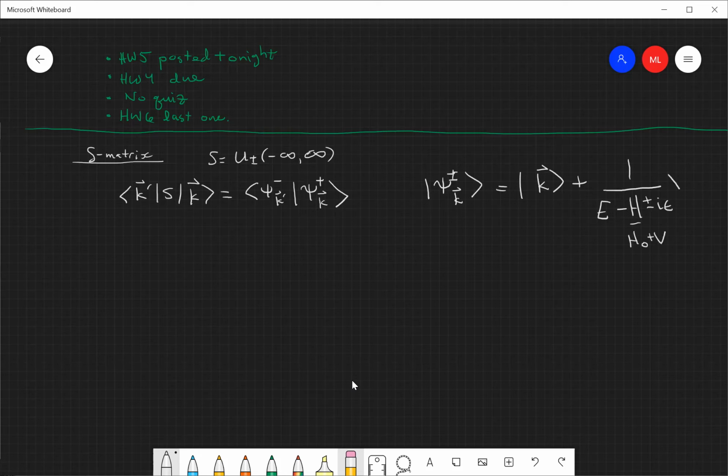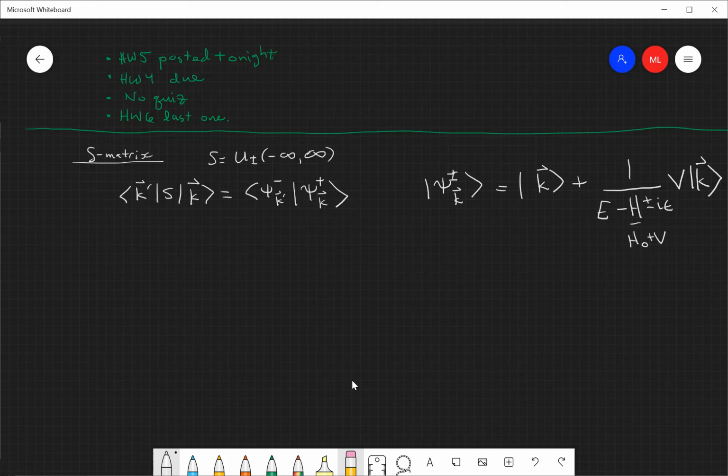This is an expression for the scattering solution, a rewritten version of the Lippmann-Schwinger equation solved iteratively. This is basically the Born series again, because you can Taylor expand in the potential V, and to leading order you would just get the Born approximation.